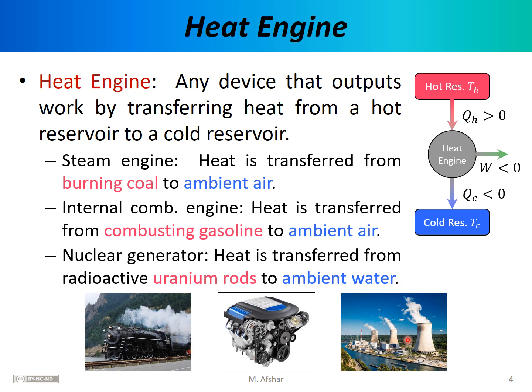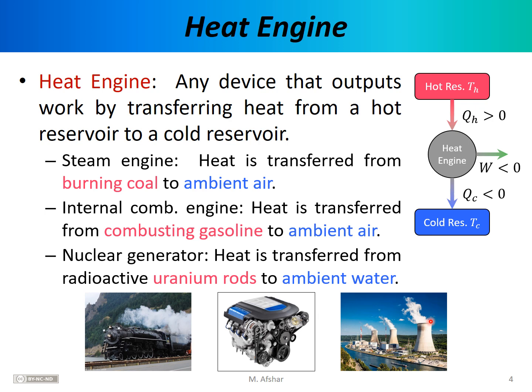Nuclear power generators, for example, can also be viewed essentially as heat engines. In that case, the hot reservoir consists of uranium rods. So radioactive uranium rods can release a huge amount of energy. The cold reservoir in this case is ambient water. So the radioactive uranium rods are basically used to heat water.